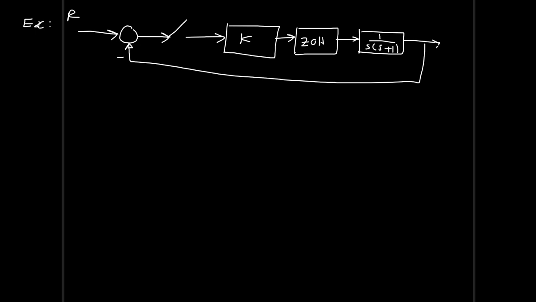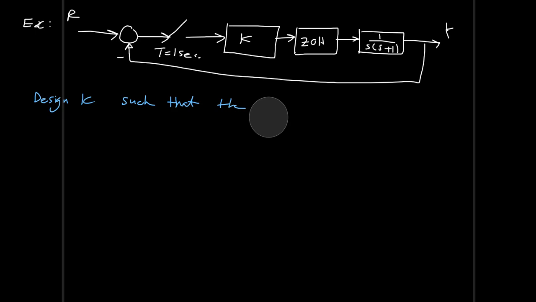This is the R. Let's assume this is the Y. And here let's assume T is equal to 1 second for simplicity. Now we need to design K such that the closed loop system is stable.